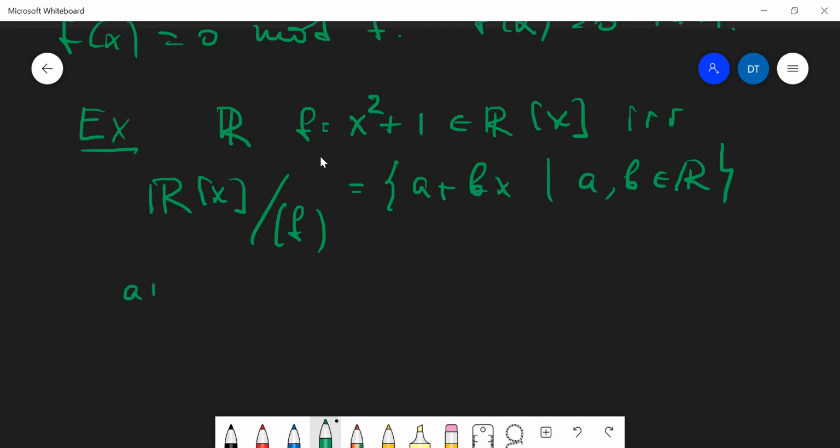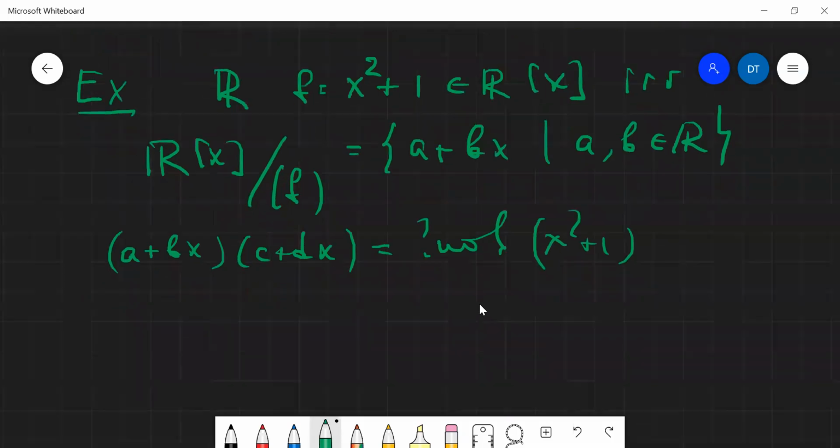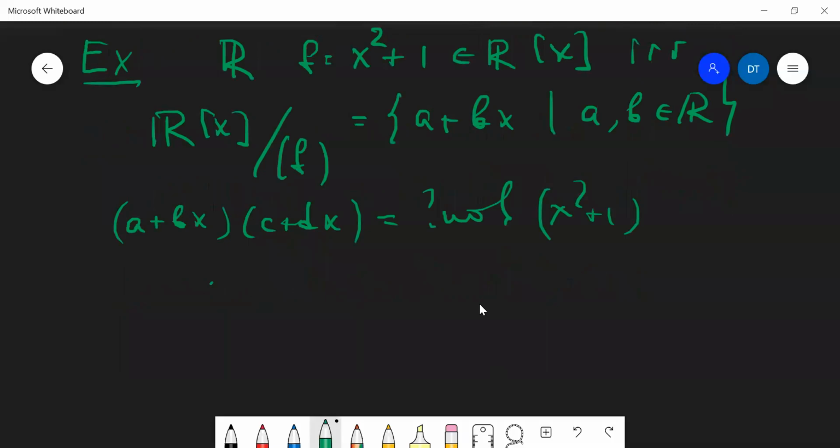We consider a plus bx times c plus dx and take it modulo x squared plus 1. But taking the result modulo x squared plus 1 simply means that we substitute x squared by minus 1, which means that in this ring we have the equality x squared equals minus 1.